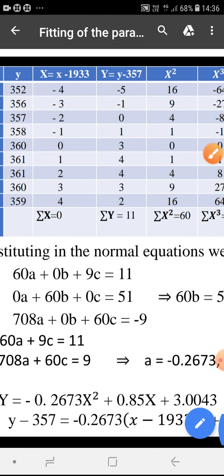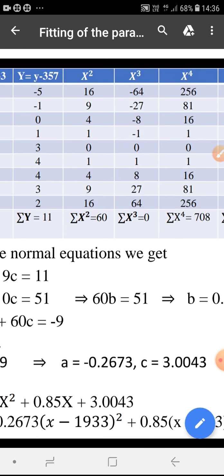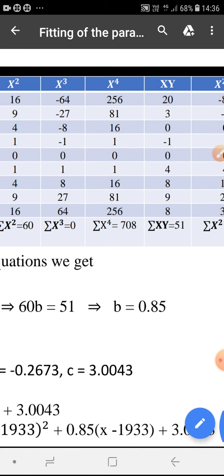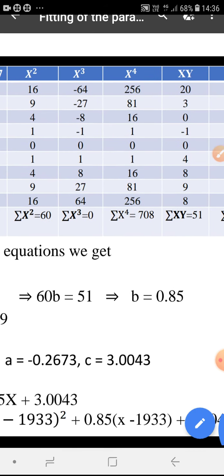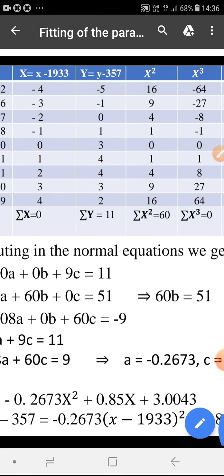So your equation will be y minus 357 equal to minus 0.2673 into (x minus 1933) square plus 0.85 into (x minus 1933) plus 3.0043. This will be the parabola fitted to the given data.